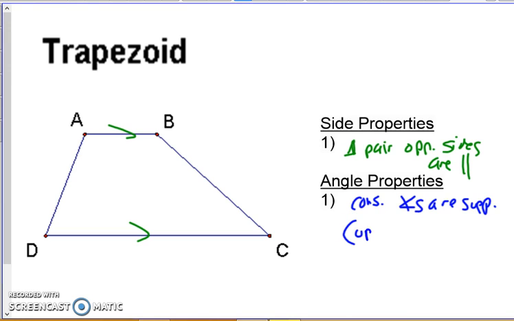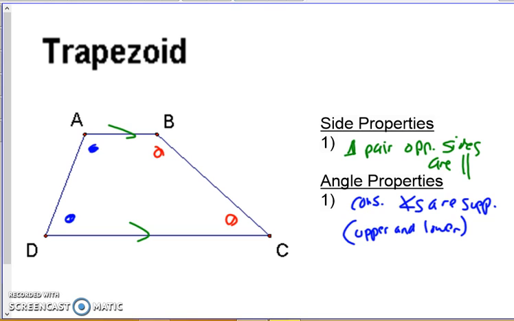The way I think about it is upper and lower angles, as long as your trapezoid is drawn with the parallel lines being horizontal, are supplementary. So for instance, that angle and that angle are supplementary, and this angle and that angle are supplementary.